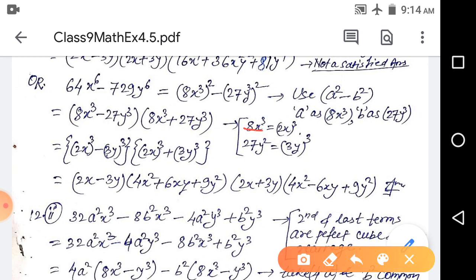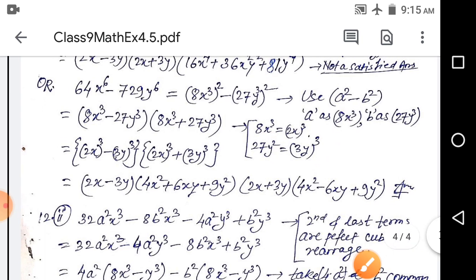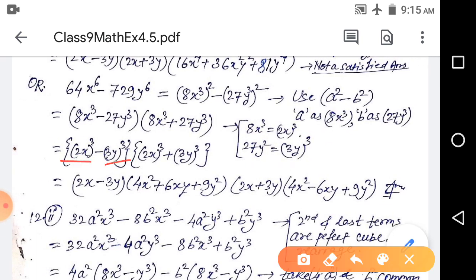This 8x cube means 2x whole cube, and this 27y cube is equal to 3y whole cube. Now if we use the formula, this is the difference of two cubes and this is the sum of two cubes. We can directly use the formula.